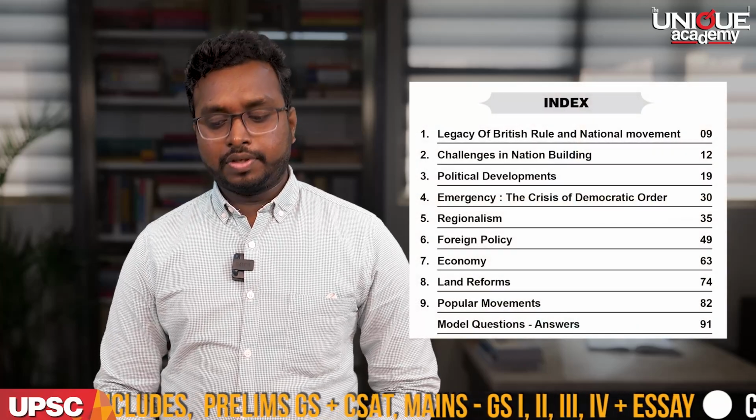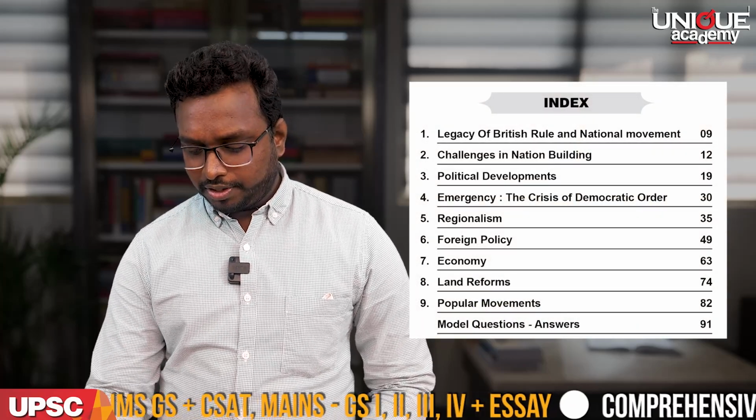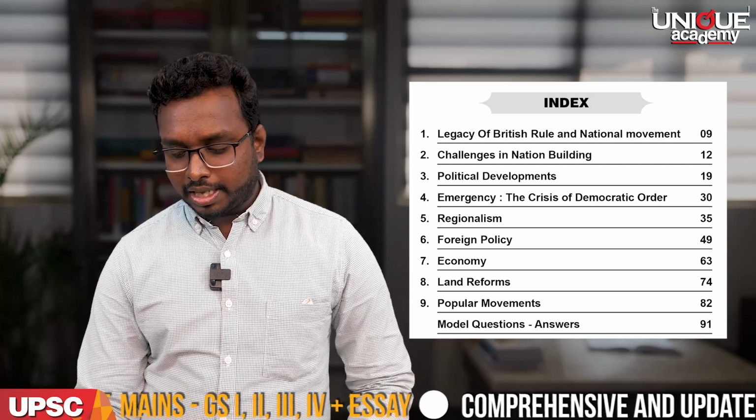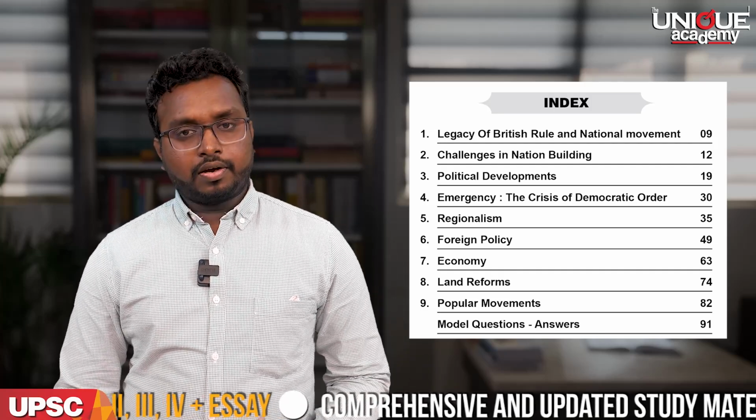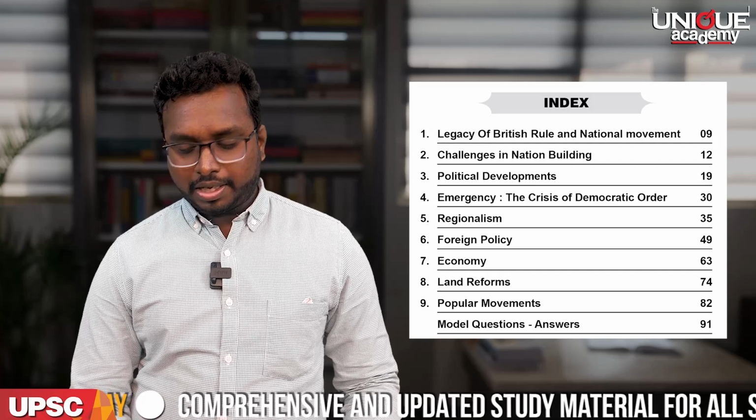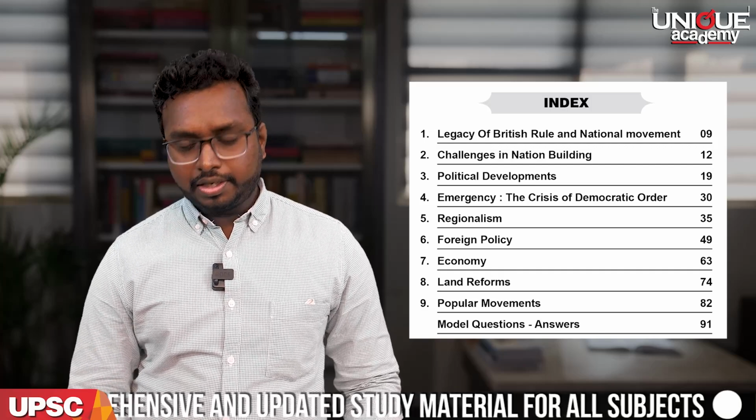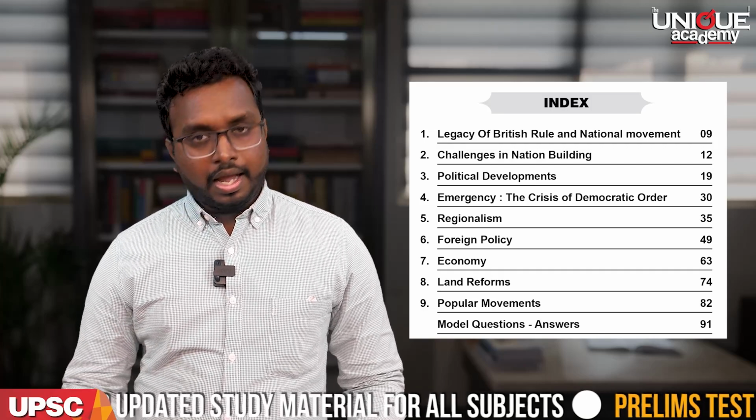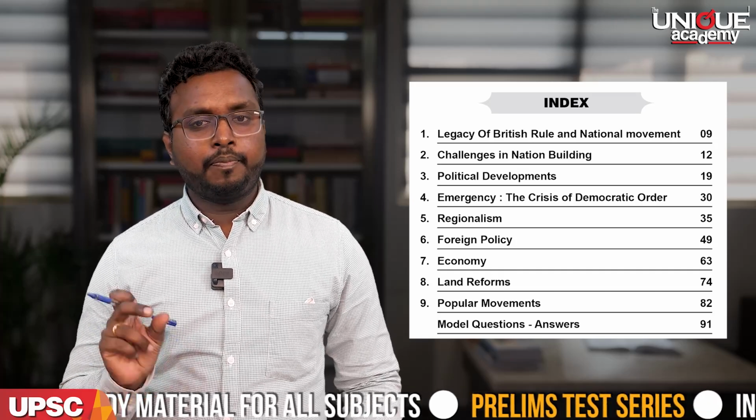Again, that is a kind of model answer we have given for the questions which have been given as part of this book. So what are the important aspects of dealing with this book, or what are the brief features of this book? Let me deal with that. You will find we have covered almost every important topic in a pointed format, and that is why this book has become a brief book.